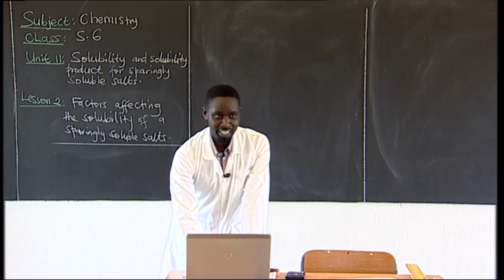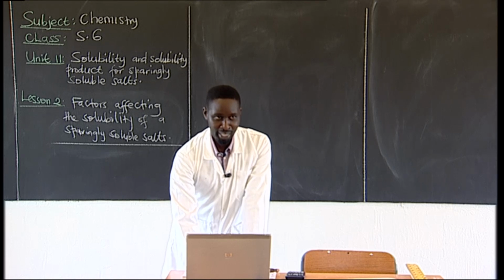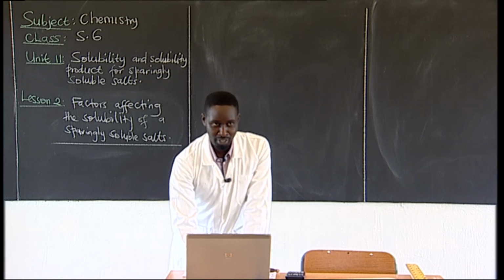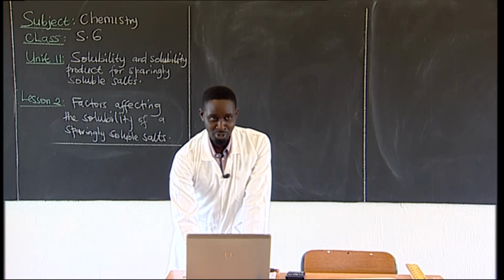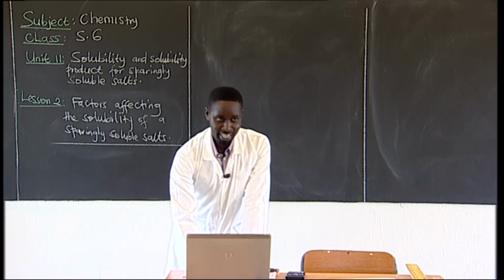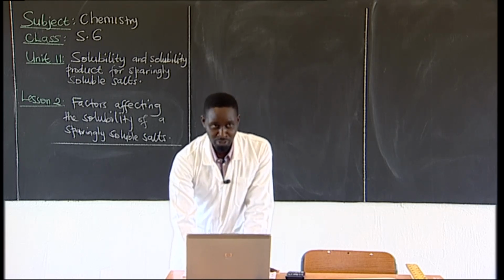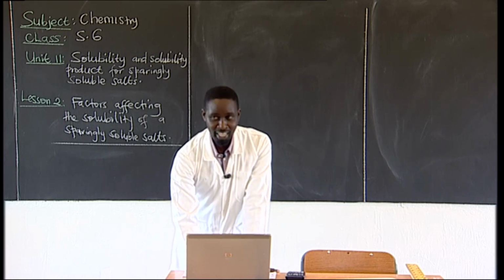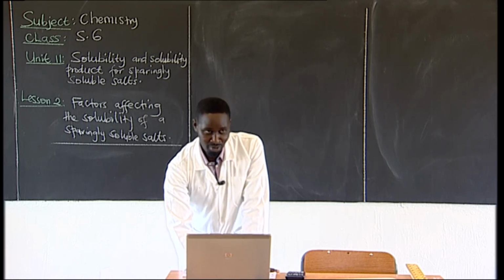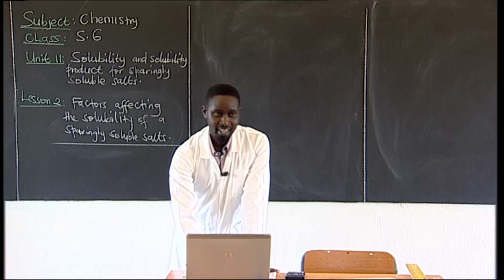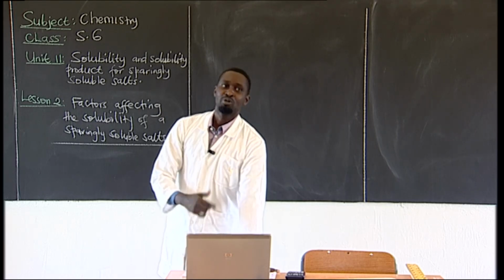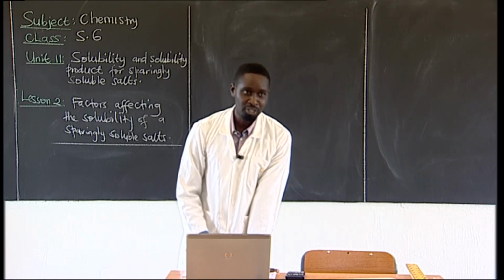Again, using this example. What is happening is the lead will continuously remove the chloride. So the silver chloride as a salt will continuously dissolve to bring in more chloride ions that are being removed by lead. And in that case, it becomes more soluble in lead 2 nitrate.